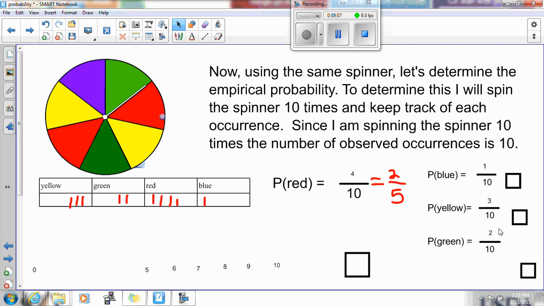Which we could reduce to 1/5, but we don't have to. Let me just go ahead and write that there.